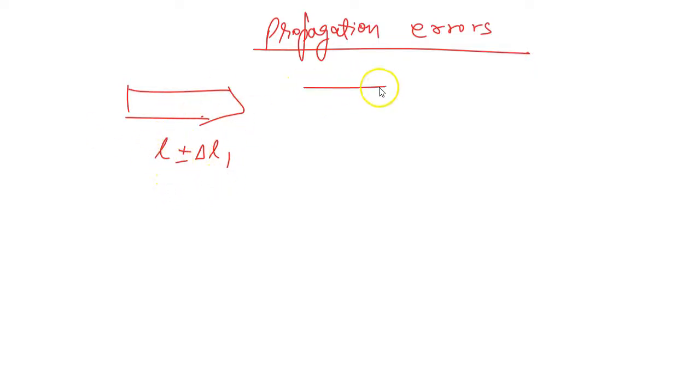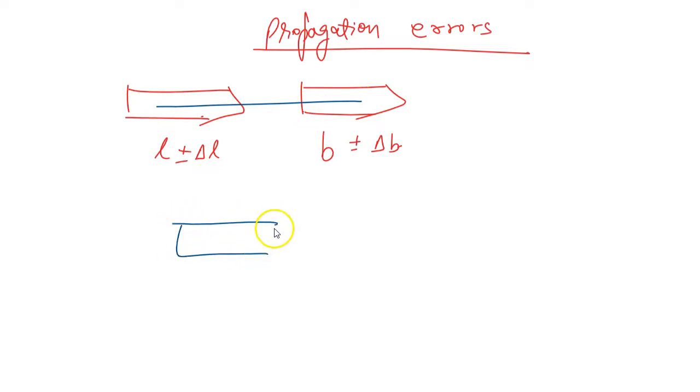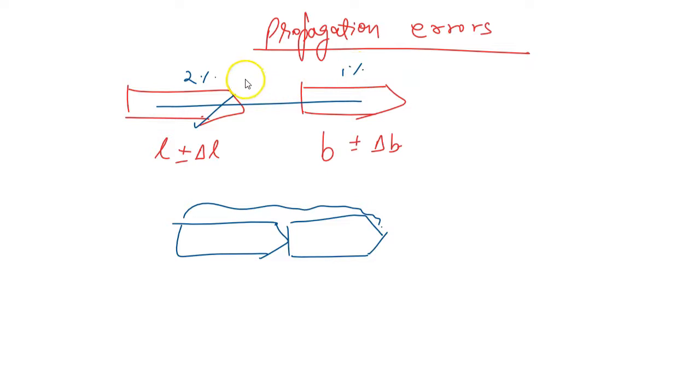I measure the length of another pen, let us say it is quite big, B plus minus delta B, so the error here is delta B. Now if I combine both of them, placing one after the other, what error will I get? Here the objects are combined. Let us suppose I was getting 2% error here and 1% here. If I just add them, remember that errors are added up.